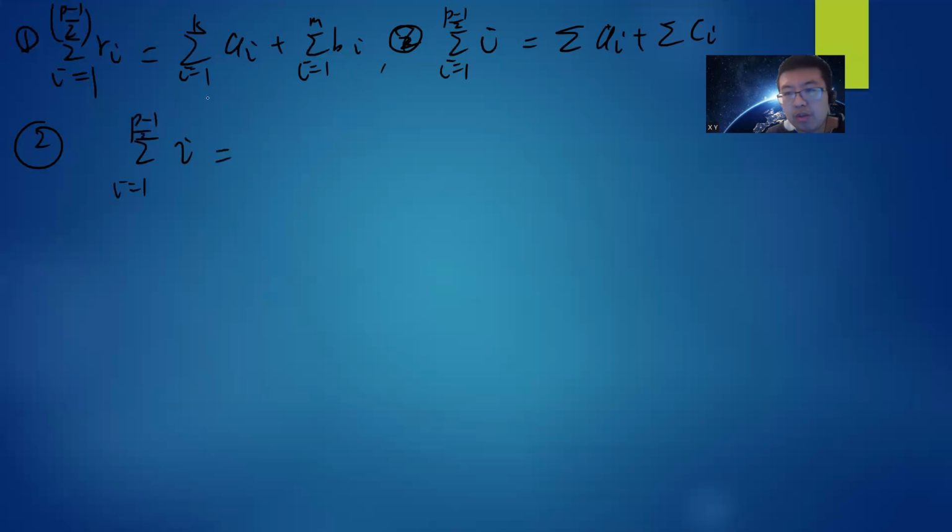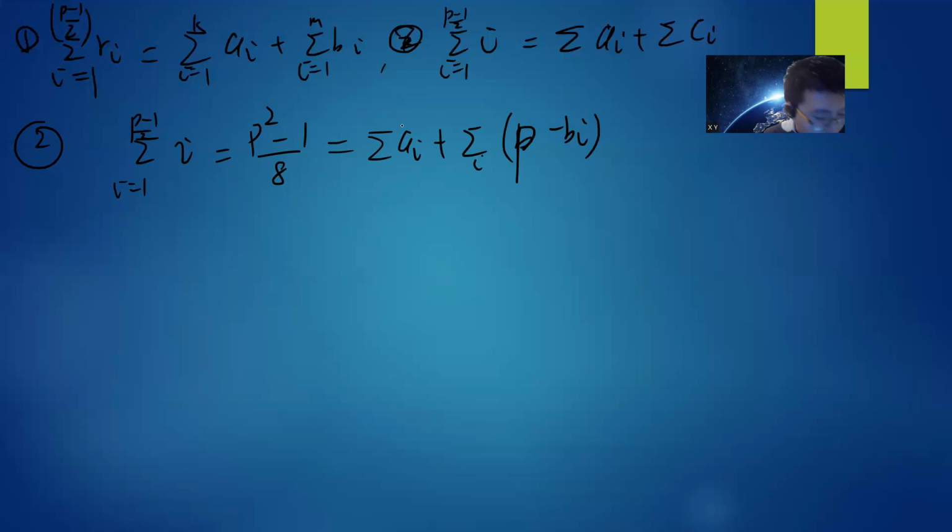I just evaluate this, so it can be proved by 1 plus 2 up to P minus 1. So it's (P squared minus 1) divided by 8, and that equals AI plus (P minus BI). And it's just the summation of I, and then there are M copies of P, so MP minus the summation of BI, I from 1 to M, and this is I from 1 to K.